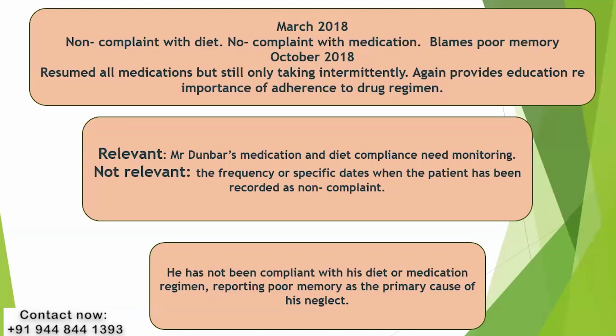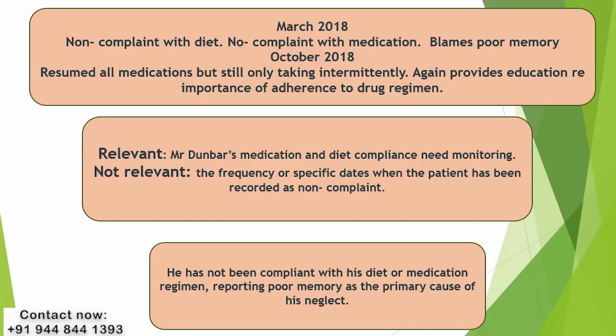Still he is missing the doses. Again, education was provided regarding the importance of adherence to the drug regimen. This is the community nurse letter. For the community nurse, we need the relevant information, which is that the patient is not compliant with medication.